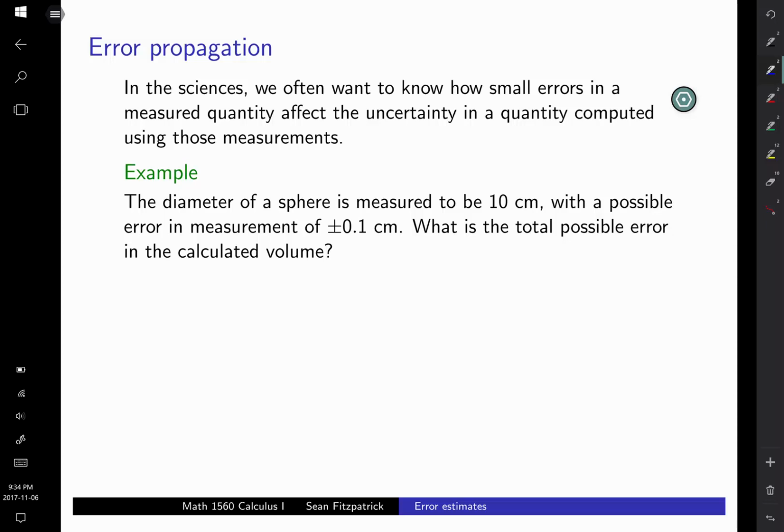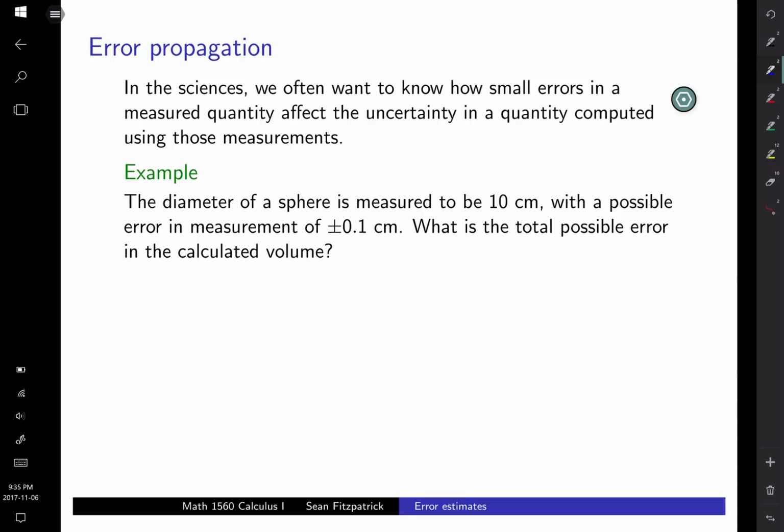If you're using, say, calipers to measure a length, they're always giving you that length up to some small error. You can never measure exactly. There's always some error introduced just because our instruments are not 100% precise.